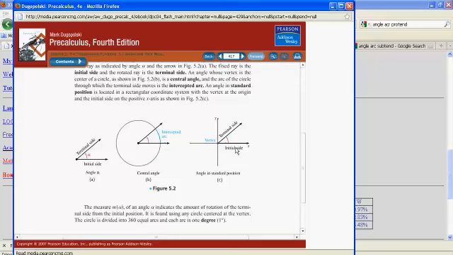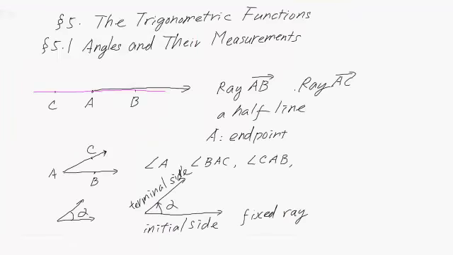So actually, the measure of an angle, m of alpha, let me go back to the whiteboard. So let's talk about the measure of an angle alpha, and this is the amount of the rotation of the terminal side away from the initial side.